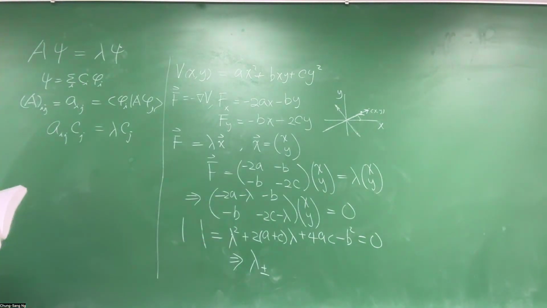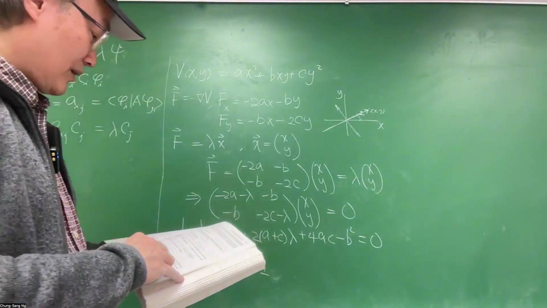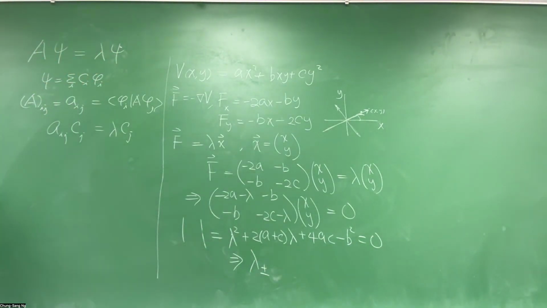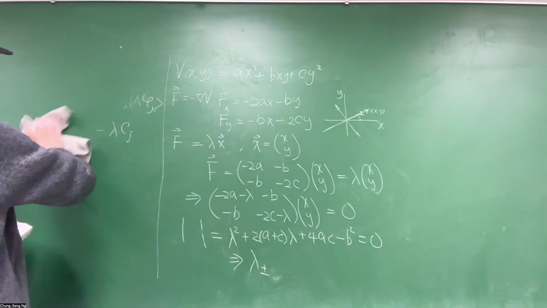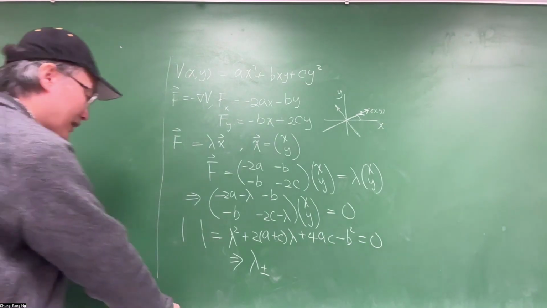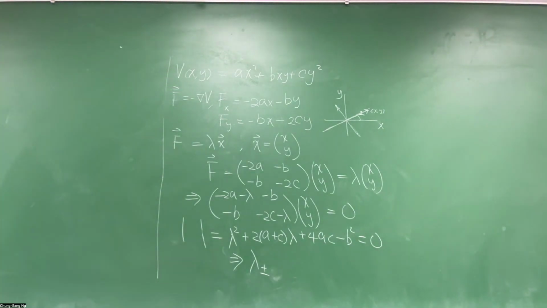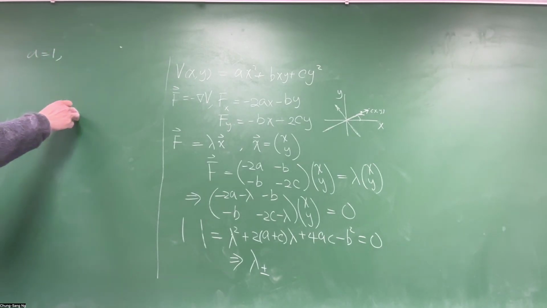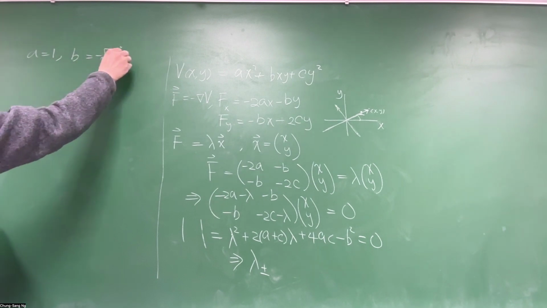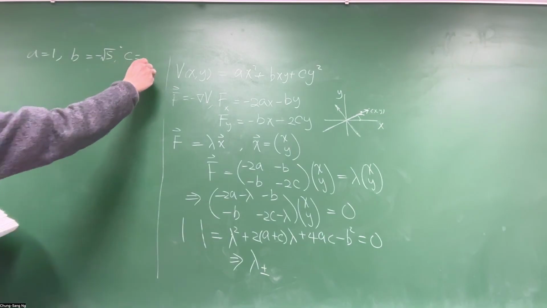This is a little abstract, so we go to example 6.2.1 with specific values of A and B. That would make it a little easier than carrying all the A and B. You can write down the general solution, but for specific values, A is 1, B is minus square root of 5, C is 3.